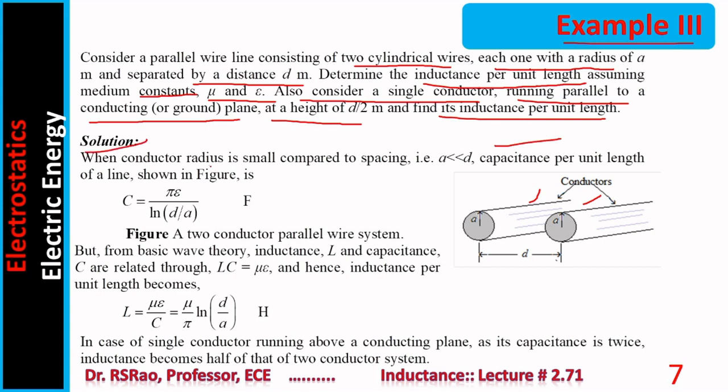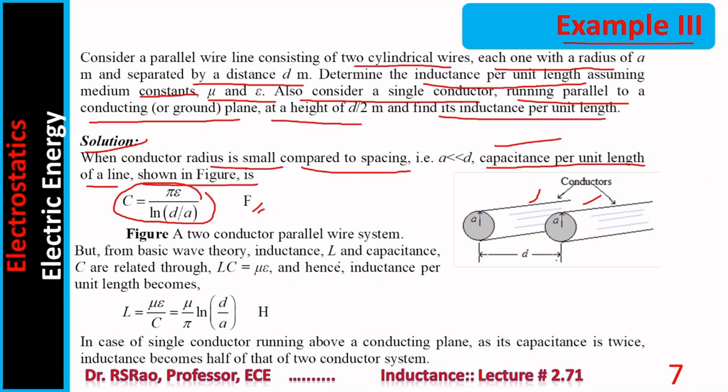When conductor radius is small compared to spacing, a very small compared to d, capacitance per unit length of the line shown in figure is C equal to pi epsilon by natural logarithm d by a. This result was actually obtained in electrostatics when capacitance was considered.